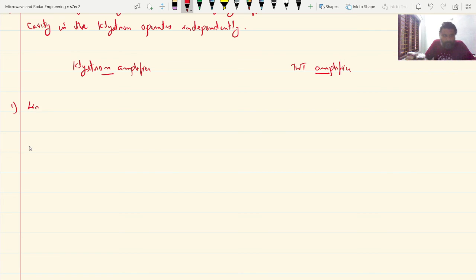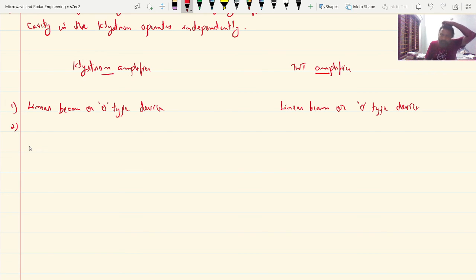The first point is linear beam or O type device. This is also the same thing: linear beam or O type device.